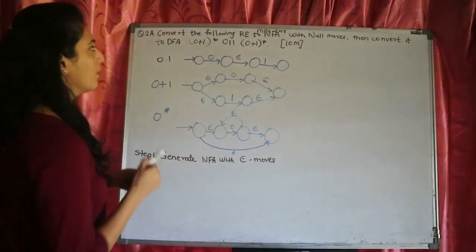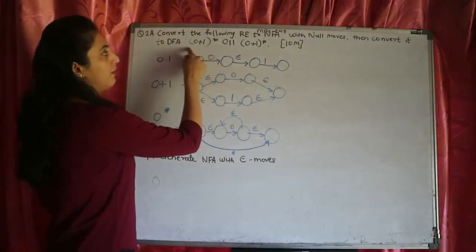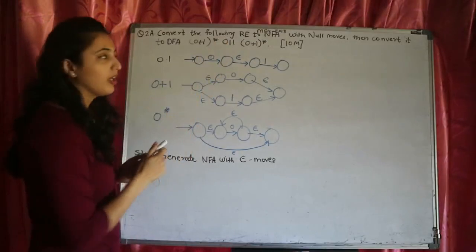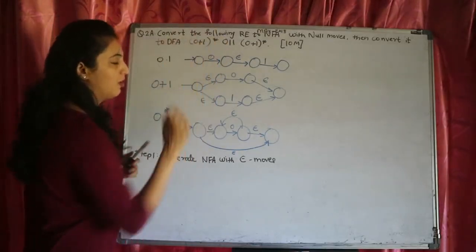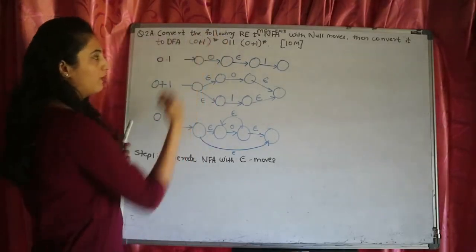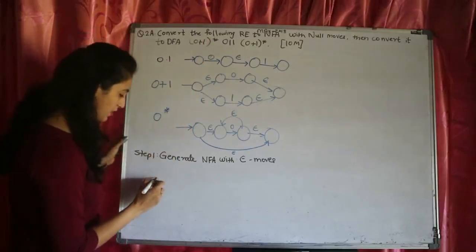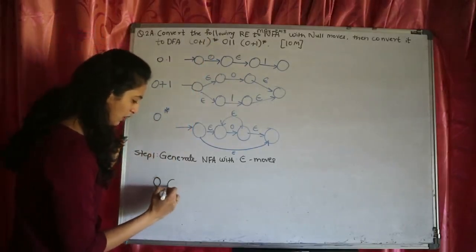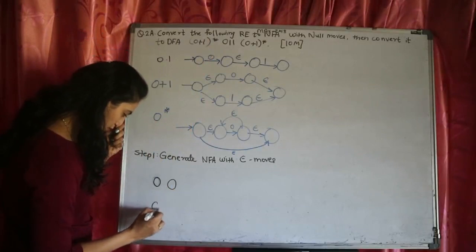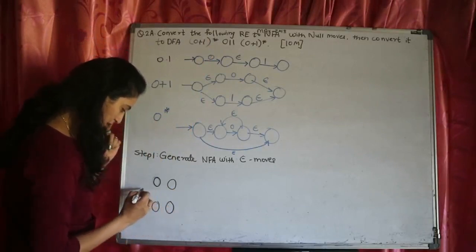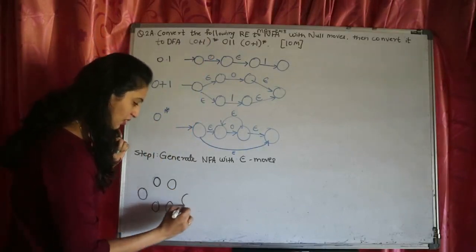So let's see. First of all, I want to draw the diagram for (0+1) closure. The closure I'll do afterwards. First I'll solve for 0+1. So how do I do it for 0+1?